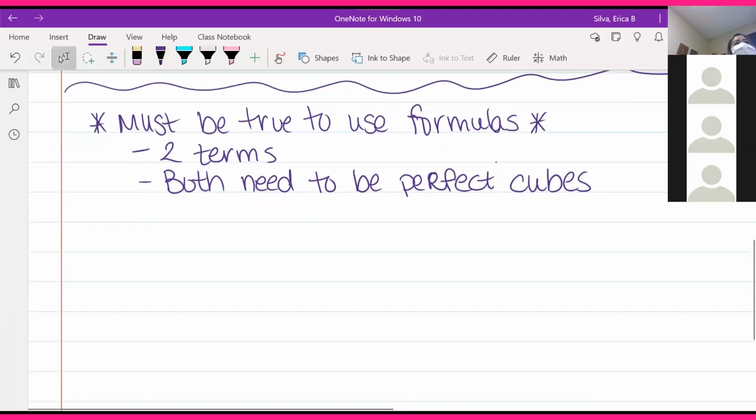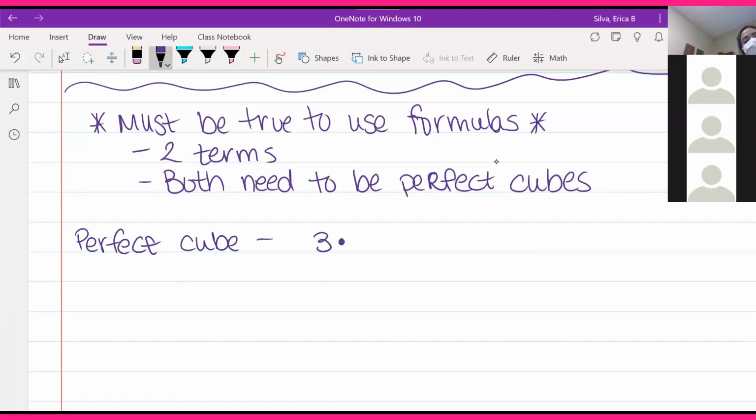Now let's review what a perfect cube is. It's when we multiply the same number 3 times. So 3 times 3 is 9, and then times 3 gives us 27. 27 is a perfect cube.